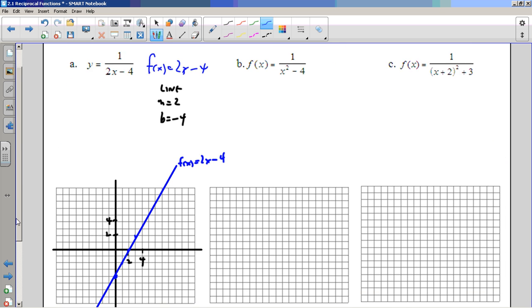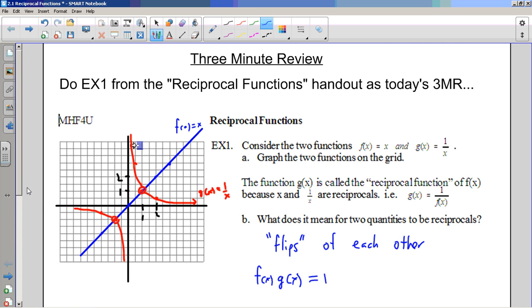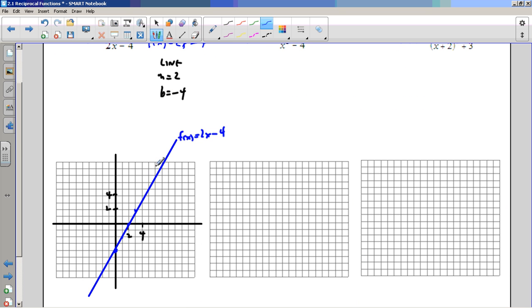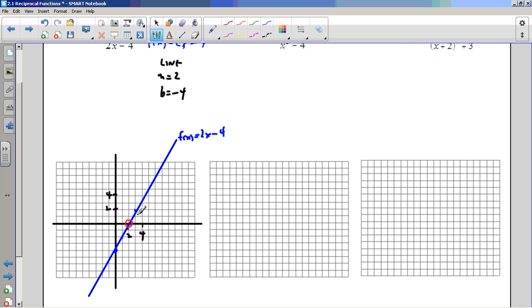Well, first of all, where f at x is 0, the reciprocal function is undefined. So where the blue one is 0, the red one is undefined. Right there. So that means there's going to be a vertical asymptote right there.